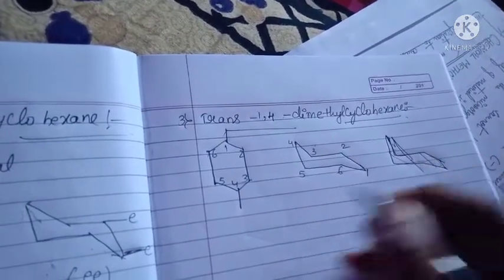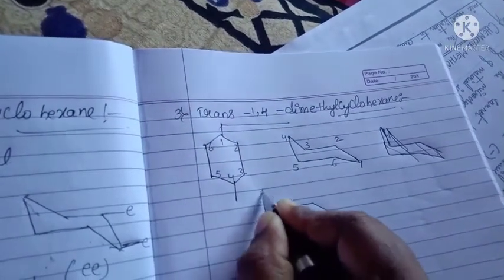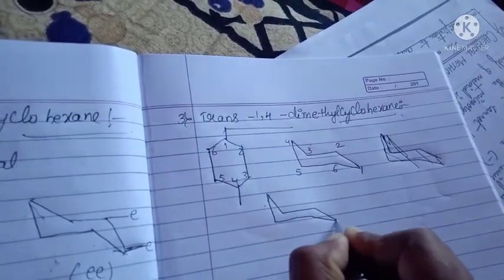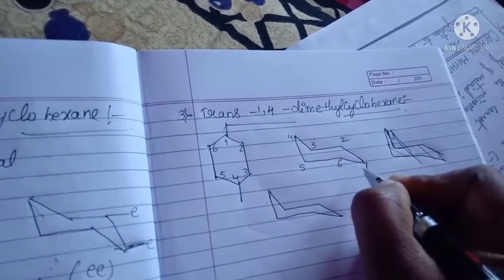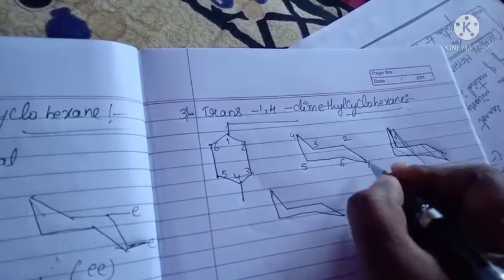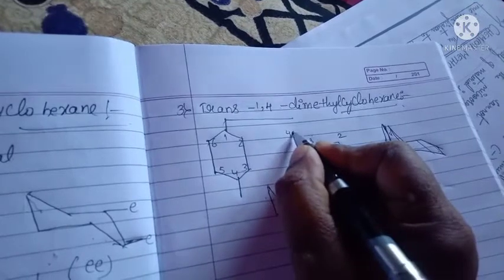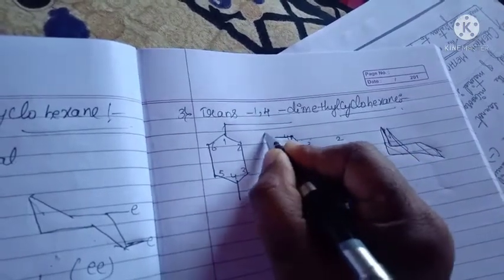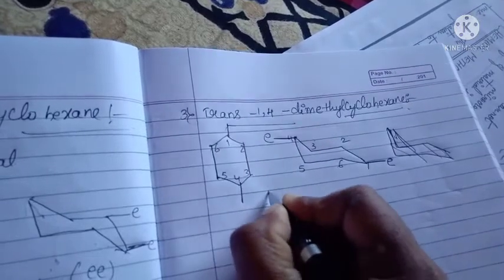Here I am writing, this is trans means 1,4. Okay. EE or AA, this is EE. Okay. This is EE and this is AA.